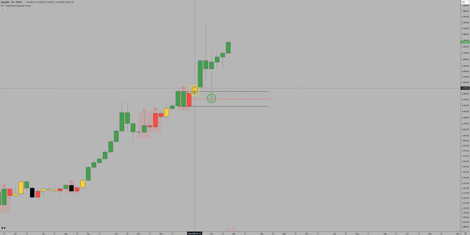But what I also know is that, let's say I'm being stopped out here. What is my next option? My next option to enter is at the value line of the last contraction here, down to here, right?